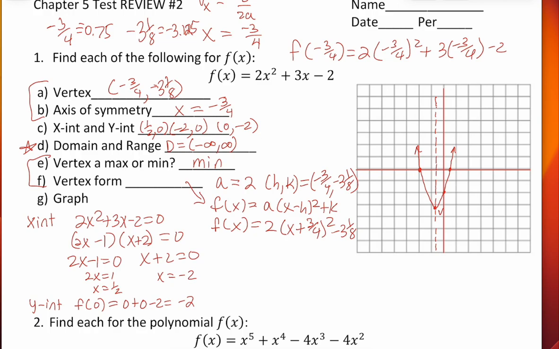Now, the range is always determined by what you said right here and this vertex point. If it's a parabola that goes like a U, there's always going to be a lowest value, the minimum, and it's going to go up to infinity. Now, if it's upside down, so if it looks like an upside down U, then it's going to do the opposite thing.